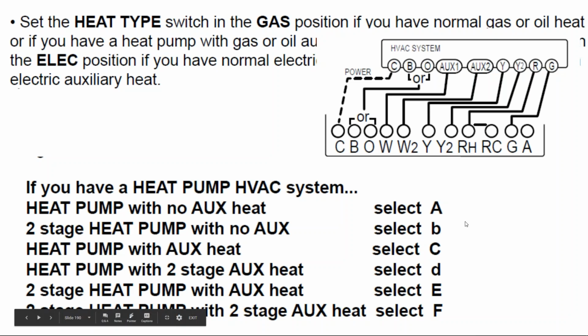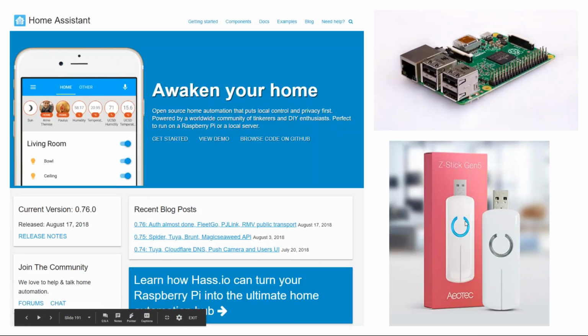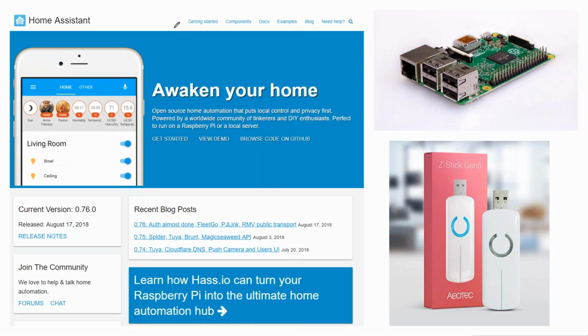So how do you do that? How do you wire it all together? There's a term now called a hub, H-U-B, hub. And what it is, it's a computer for a couple of devices. And some home automation products do not need a hub.